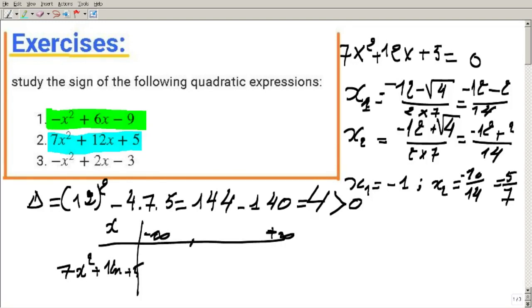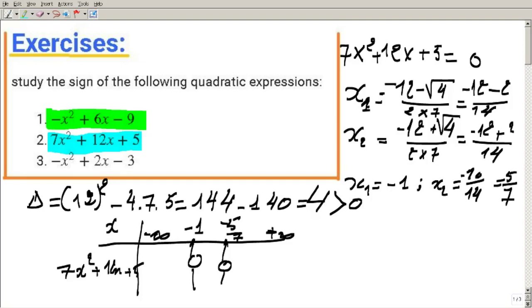We put here the smallest number of the two solutions, which is minus 1, and there minus 5 over 7. So the expression 7x squared plus 12x plus 5 is equal to 0 if and only if x is equal to minus 1 or equal to minus 5 over 7.